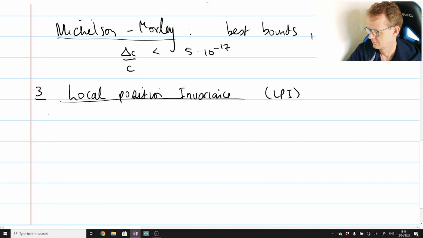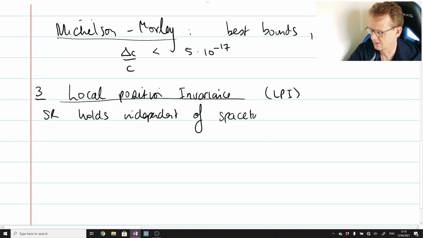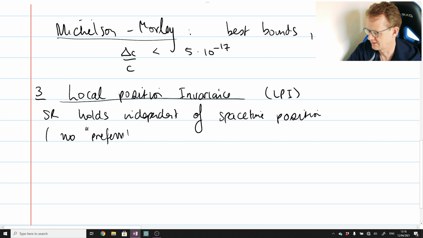So SR holds, special relativity holds, independent of space-time position, right? You can have position in space, but you also have position in time. So another way of saying this is there's no preferred location in space-time.